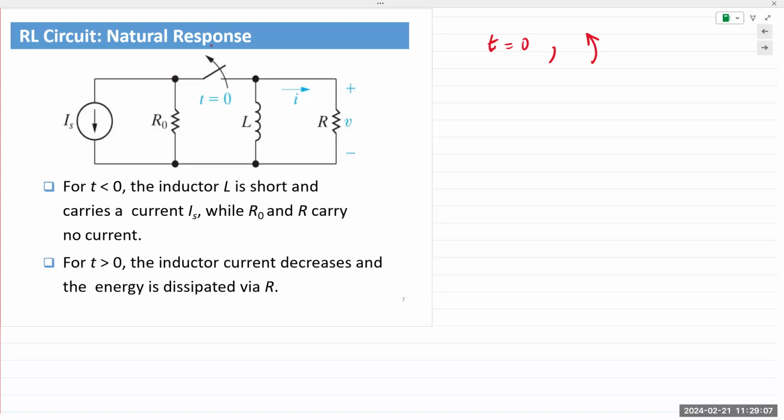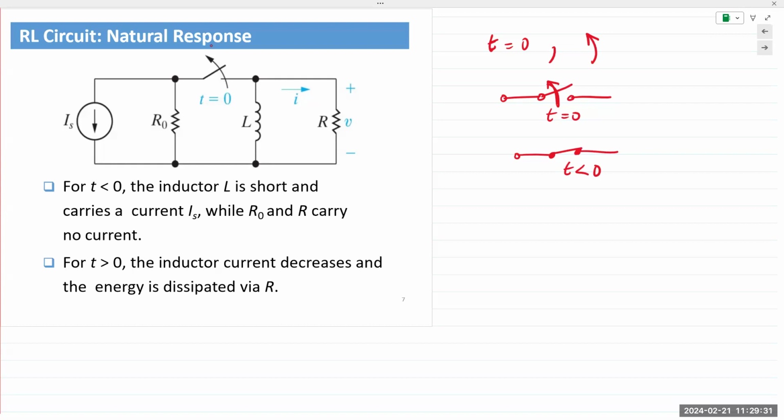Okay? So if the switch is being flipped open at time t equal to 0, then prior to that, at time t less than 0, the switch was actually closed. Okay, so at time t equal to 0, the switch is flipped open.